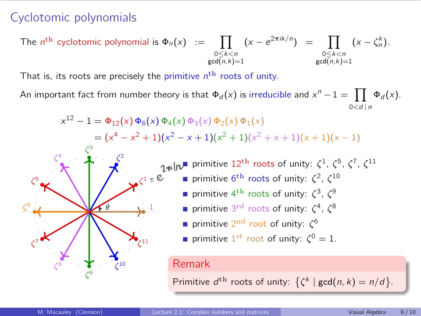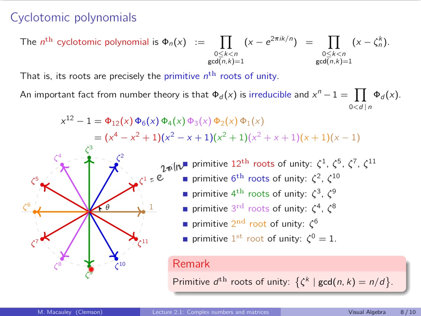So the primitive dth roots of unity are precisely the kth powers of those, where the GCD of n and k is equal to n over d. Again, I always have to rederive it. But I think it's helpful to look at this and say, okay, here are the primitive 12th roots of unity. Here are the primitive 6th roots of unity, primitive 4th roots, and so on.